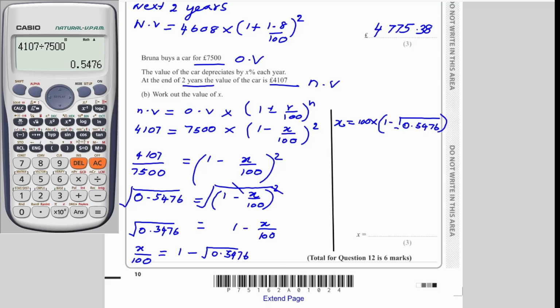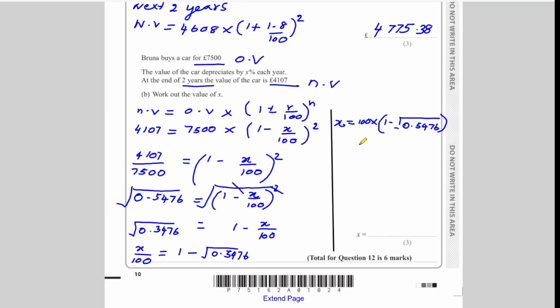Right, use the calculator. 100 multiplied brackets 1 minus root of 0.5476, close the bracket, equals 26. The answer is 26.